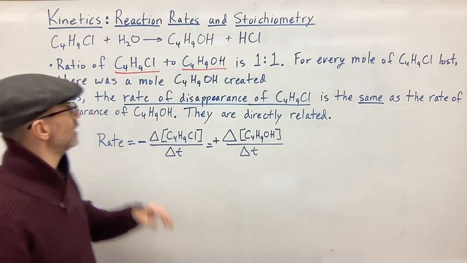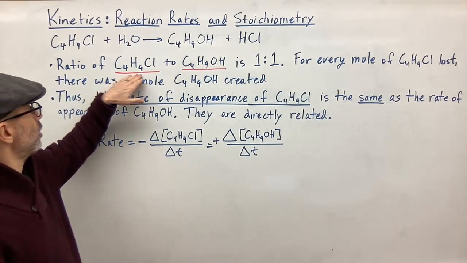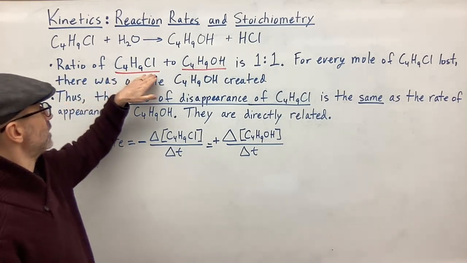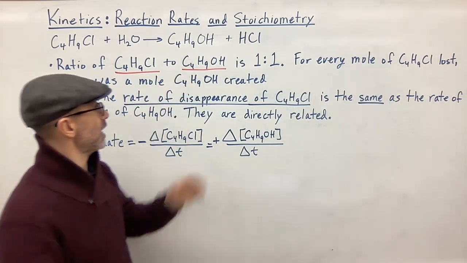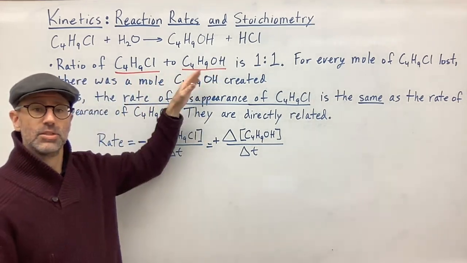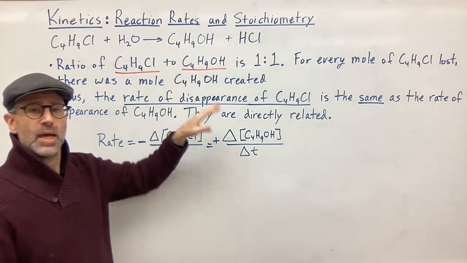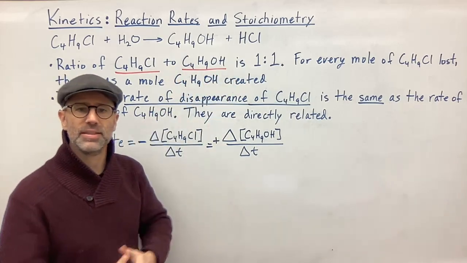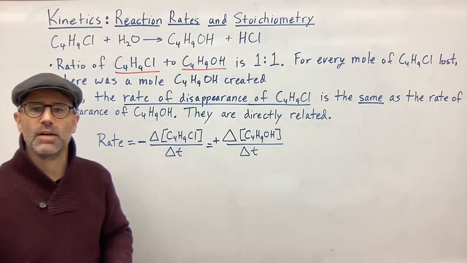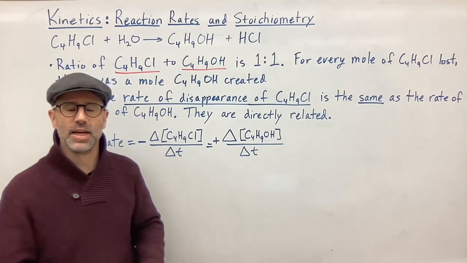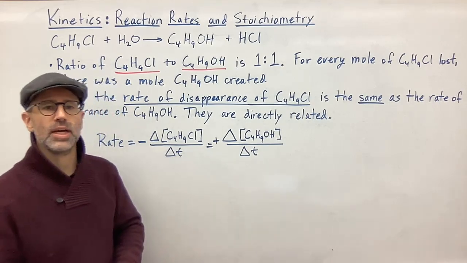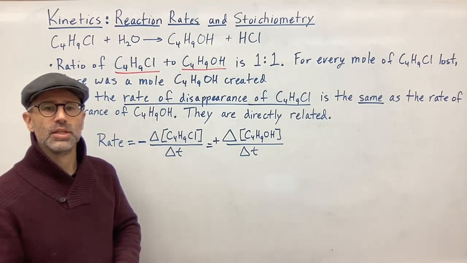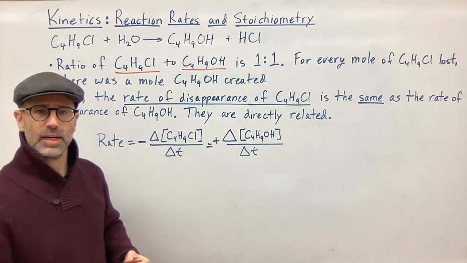So when we're focusing on C4H9Cl and C4H9OH, the reactant and product, it's a one-to-one ratio. That means that for every mole of C4H9Cl that is lost, you get 1 mole of C4H9OH created.